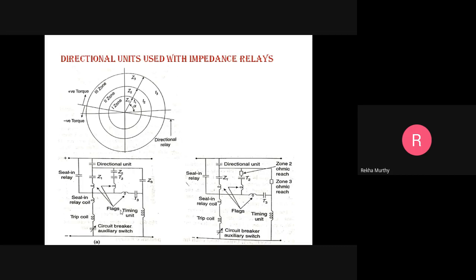For the operation of the relay, the torque should be positive, right? So let us equate K times V into I into cos of (psi minus alpha) greater than 0. When you solve that, the answer is psi minus alpha is less than plus or minus 90 degrees. This is the operating condition when you consider the three zones including the directional relay.